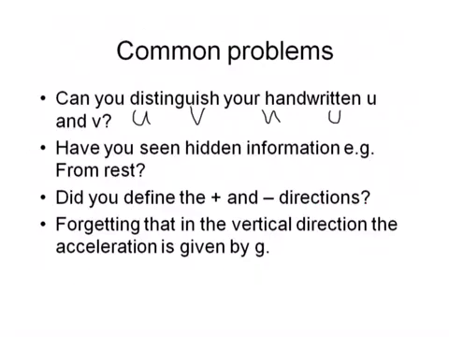And finally, you might forget that in the vertical direction, acceleration is given by g, the acceleration due to gravity. But you have to be really careful because that's sometimes plus g or minus g, depending on whether you've defined upwards or downwards as positive or negative.